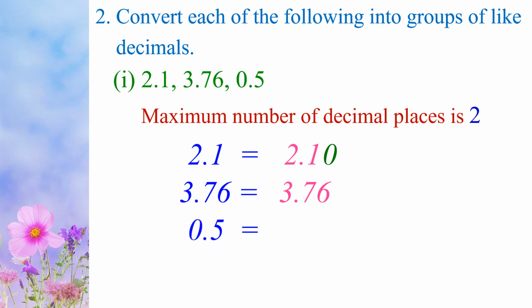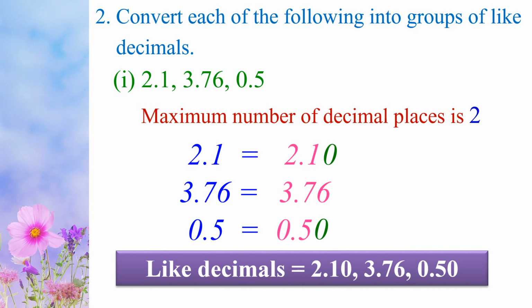Third one, 0.5. Here the decimal part has only one digit, but we want 2 decimal digits, so we add one 0 to the extreme right. So now the like decimals are 2.10, 3.76, 0.50.